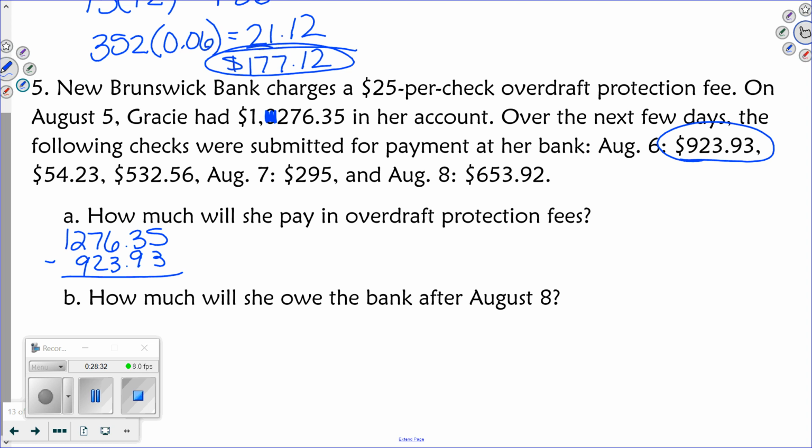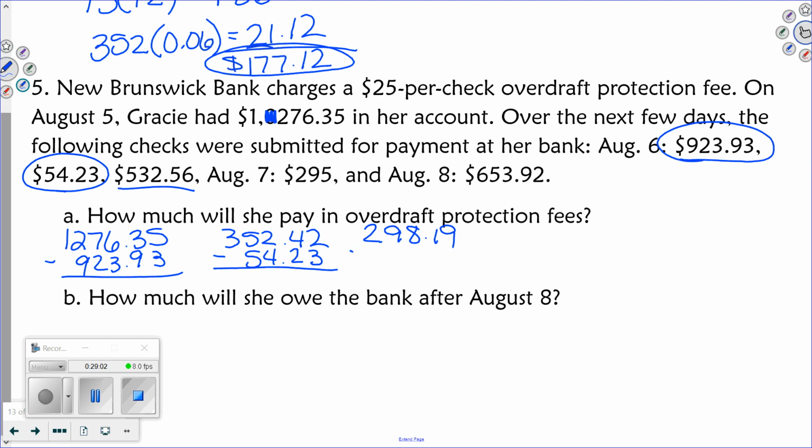So she's down to $352.42. So no overdraft. So how about the next one? We subtract $54.23. She's not going to overdraft yet. So she's at $298.19. So she's not been charged yet.